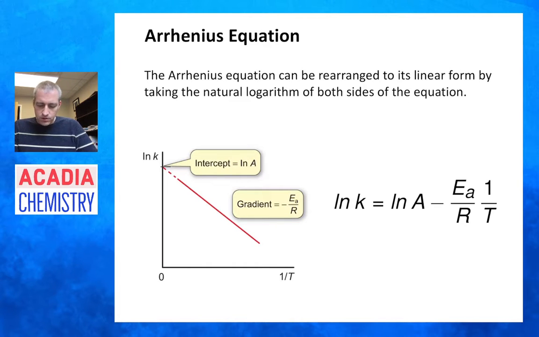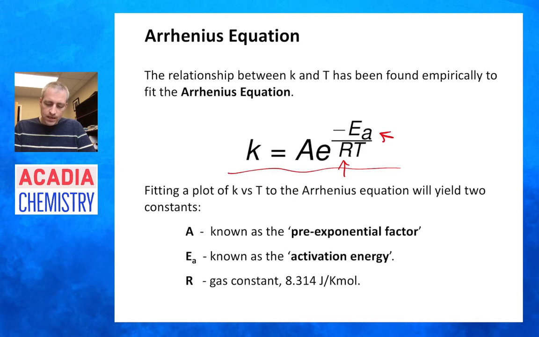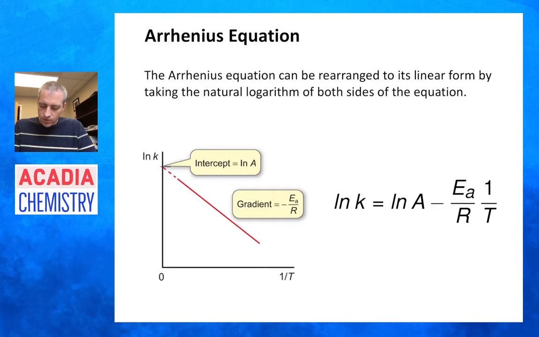We can do what we call linearize this equation. If we take the natural log of both sides, it transforms into this form where we have natural log of k equals natural log of A minus Ea over R times 1 over T. This is again a straight line equation because ln k is our dependent variable. ln A is a constant.